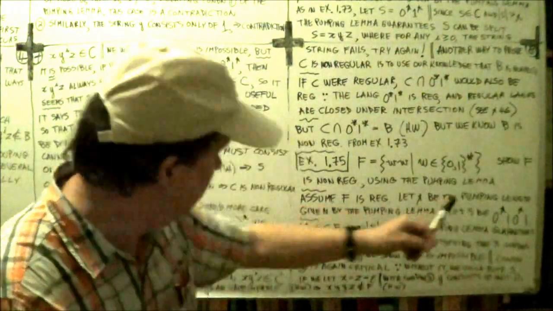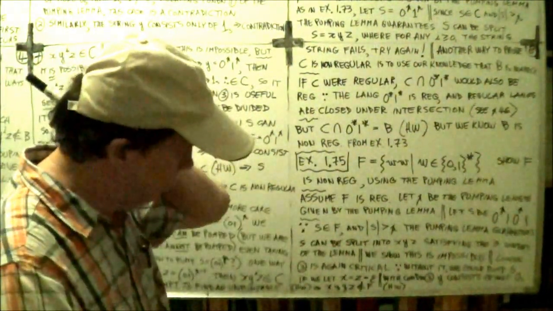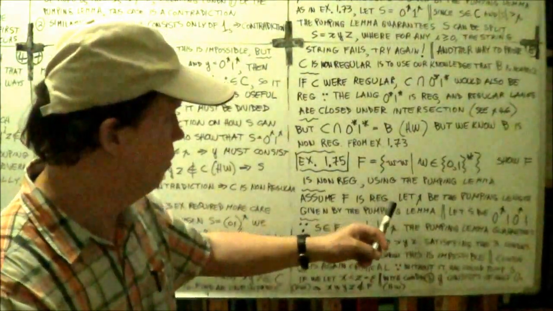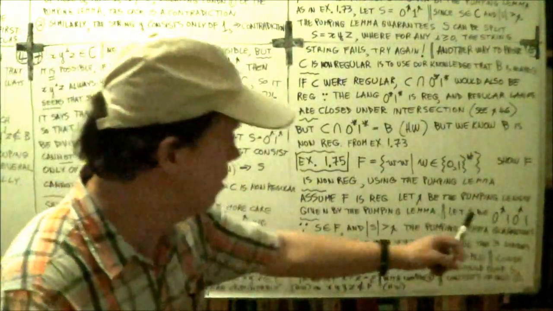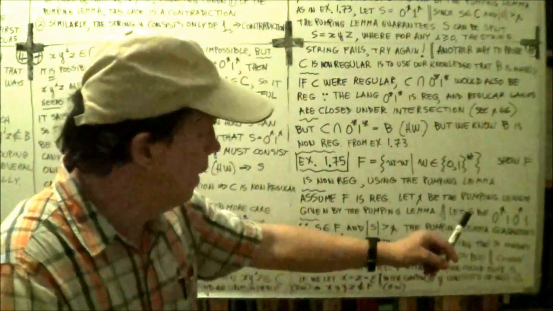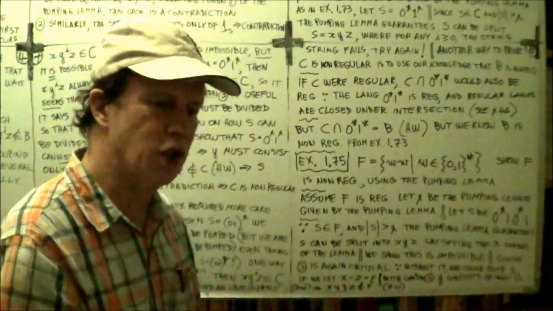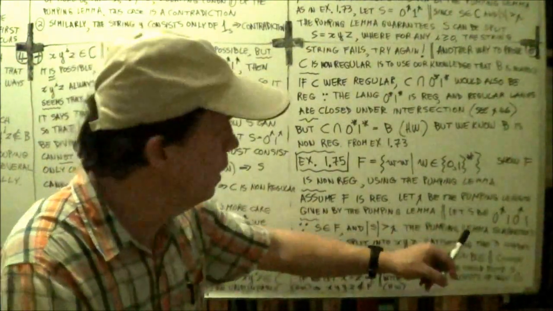Again using the pumping lemma, again by contradiction. You assume F is regular, the opposite of what you're trying to prove. Let P be the pumping length as usual. Now the choice of the candidate string you're trying to show cannot be pumped is critical in all these proofs.